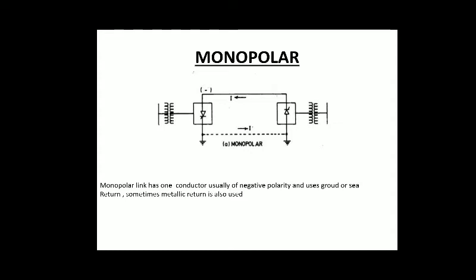It means one part on the left side is grounded and the other part on the right side is grounded, and we are assuming that as the ground is the same, we can use the ground as the returning path of the current that is flowing from right side to left side. It need not always be ground, it can also be sea. And sometimes metallic return is also used.